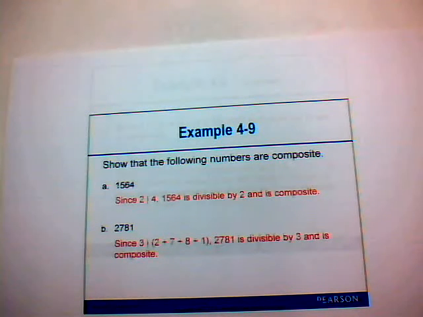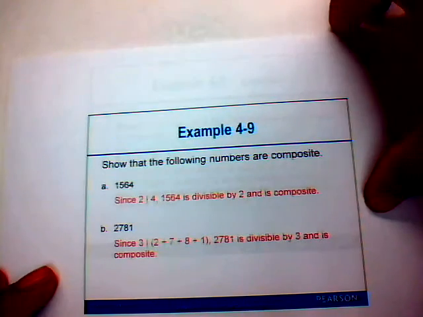So in this case, 1564 is composite. The number 2781 is also composite. Take the sum of the individual digits: 2 plus 7 is 9, plus 8 is 17, plus 1 is 18. 18 is divisible by 3. So that means 2781 is composite.